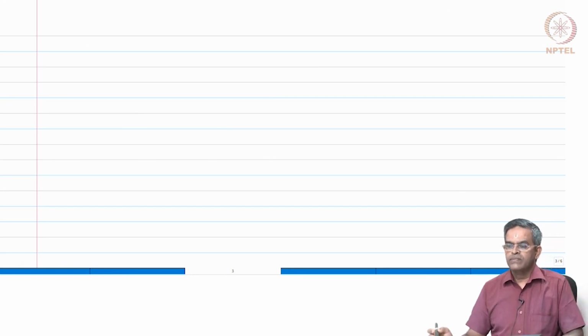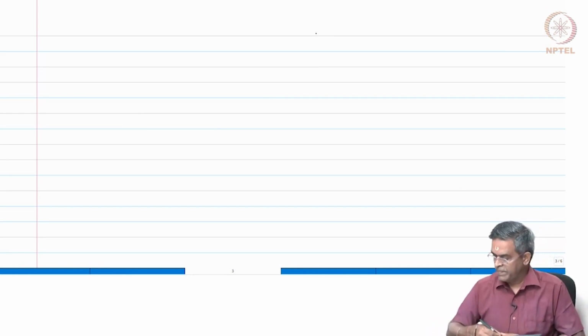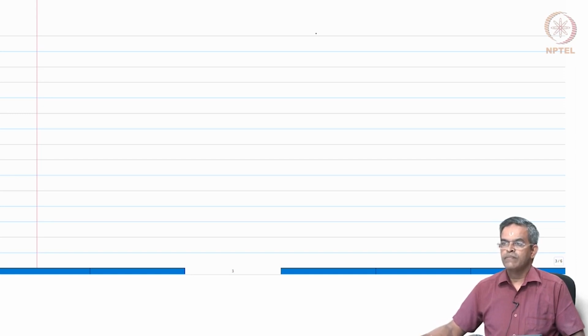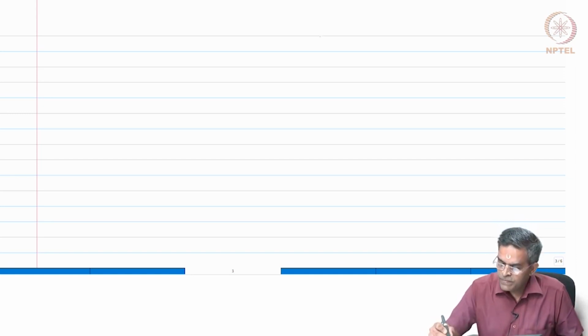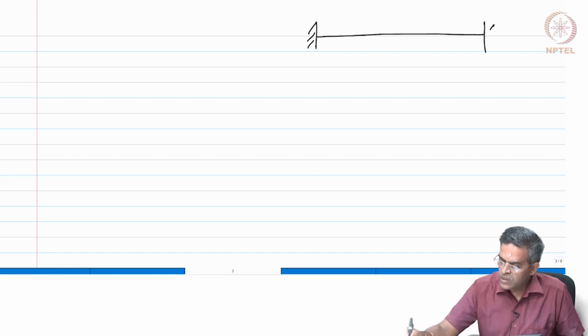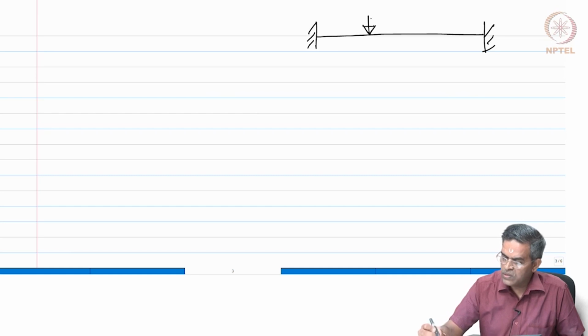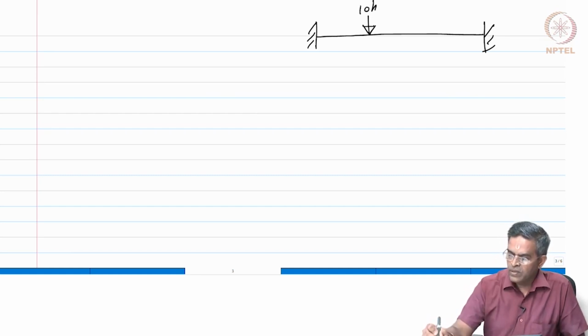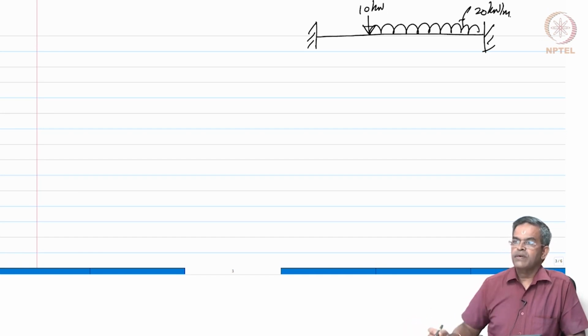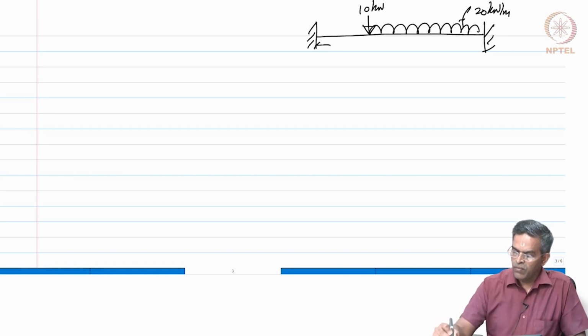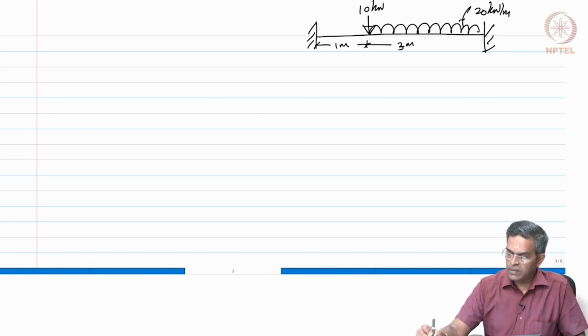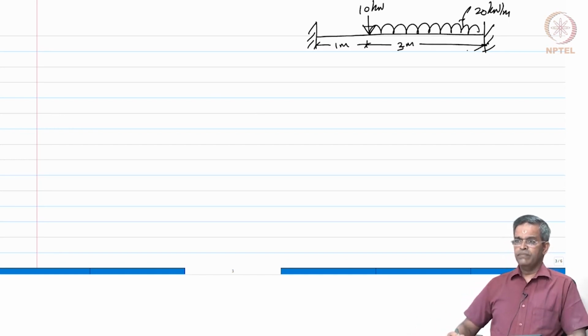So, we know that the beam is subjected to two sets of loads. One is a concentrated load of 10 kilonewton, then a UDL of 20 kilonewton per meter, with spans of 1 meter, 2 meters and 3 meters respectively.